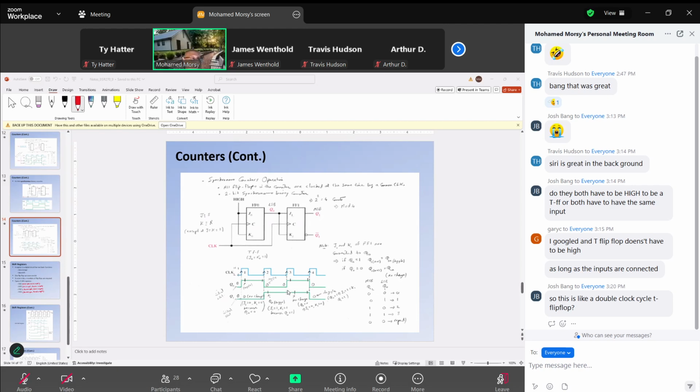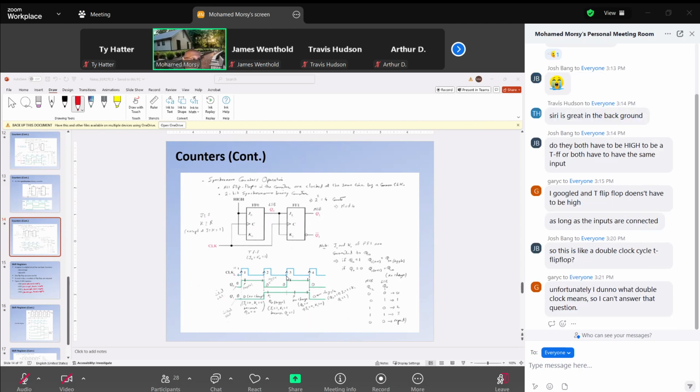And we keep this until we reach the next edge here. Just before the edge, like T0 minus, what do we have for Q0? We have 0. So at this transition, no change, because Q0 is 0. So no change until we reach here.